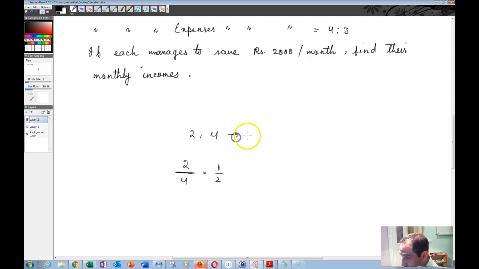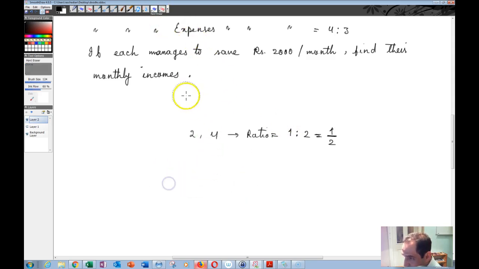So here you can say that the ratio is equal to 1:2. You can write it this way or the other way, it doesn't make any difference.